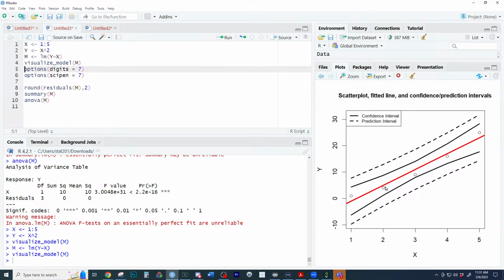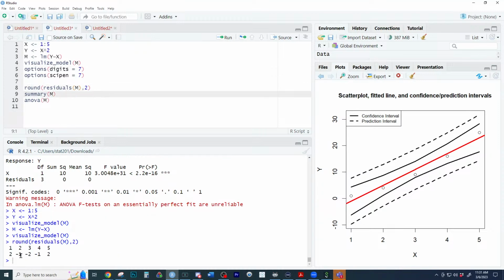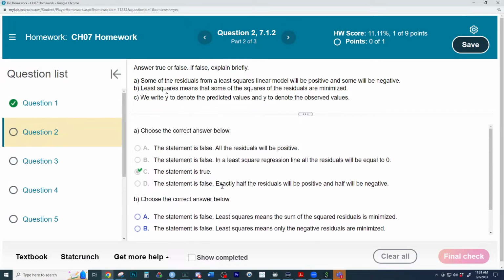And if you look, 3 are negative, negative, negative, positive, positive, and there's 5, so it can't be exactly half. And here are the residuals of positive 2, negative 1, negative 2, negative 1, and positive 2. So those are the residuals right there. And yeah, even with 5, you can't have exactly half. And the line tries to go through the middle of the data, so it can't be exactly half.